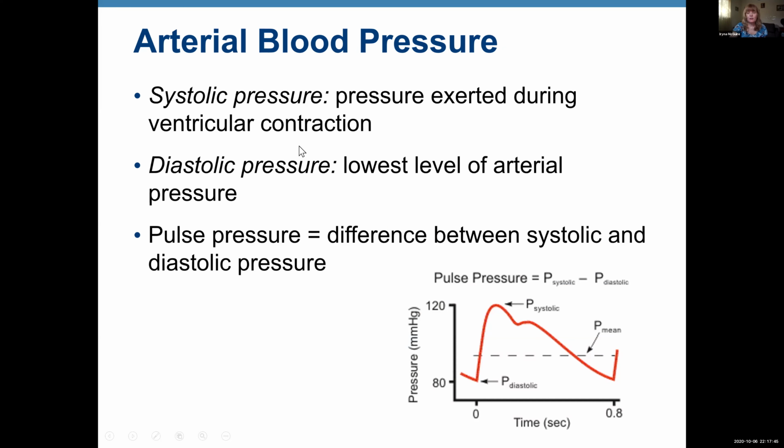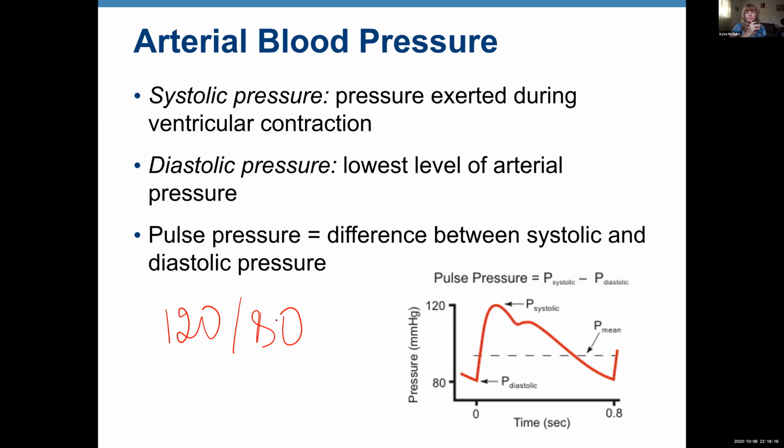Now, systolic pressure. You've heard about blood pressure 120/80, right? When we're talking about systemic pressure, we always have two numbers. The first number is systolic pressure, and this is the pressure exerted during ventricular contraction. Diastolic pressure is the lowest level of arterial pressure, when the ventricles are relaxed.